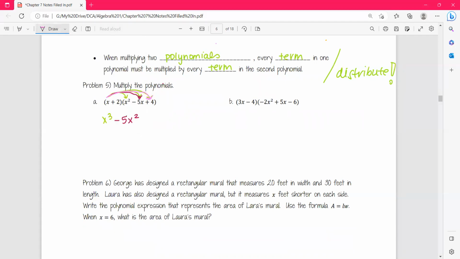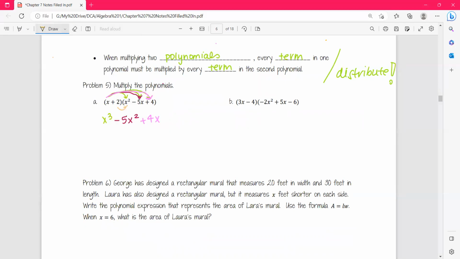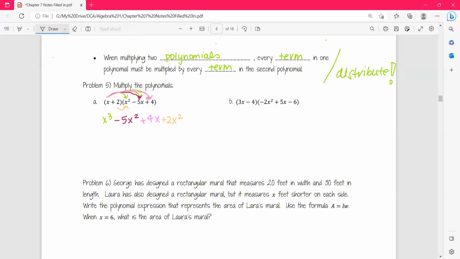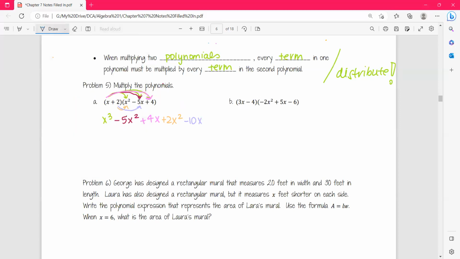X times 4 is 4x. That is just distributing, guys. Then we've got to do the same thing on the bottom. 2 times x squared is 2x squared. 2 times negative 5x is negative 10x. And 2 times 4 is 8.